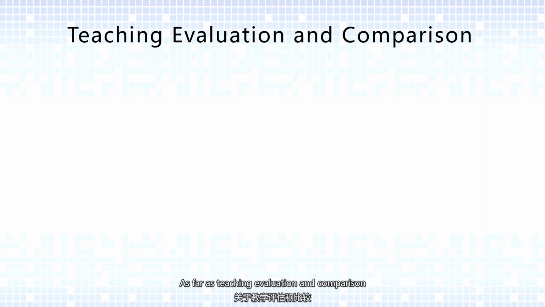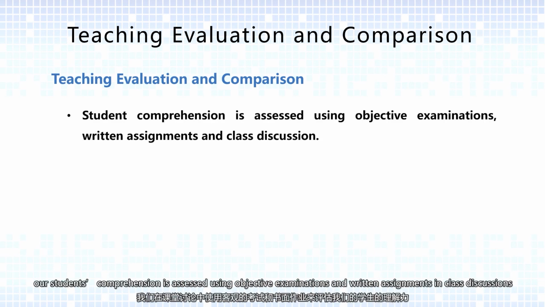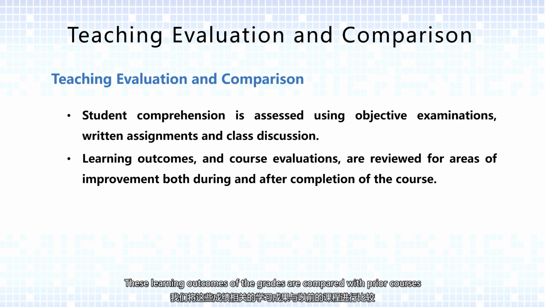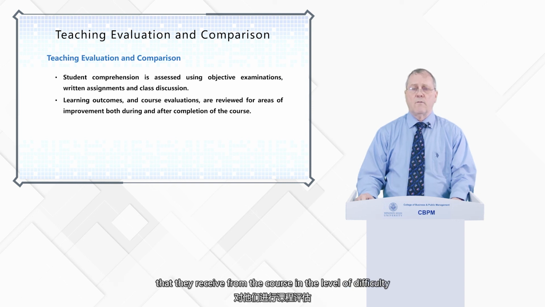As far as teaching, evaluation, and comparison, our students' comprehension is assessed using objective examinations and written assignments and class discussions. These learning outcomes, or the grades, are compared with prior courses, and we also take course evaluations from the students in terms of what they feel that they received from the course and the level of difficulty, and we determine if there are any areas that we can improve.